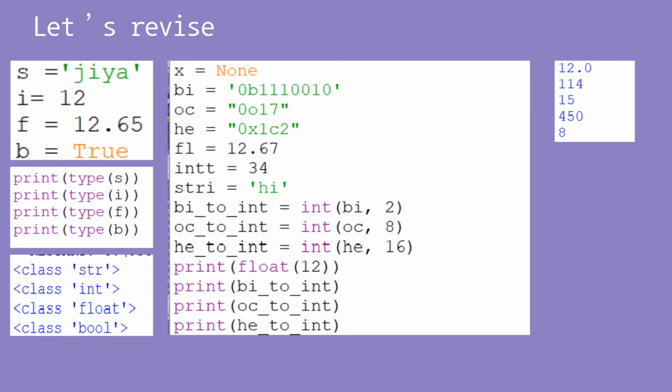If we try to float an integer, it would come with a trailing point and a 0, and these are all the conversions of the binary, octal, and hexadecimal numbers.